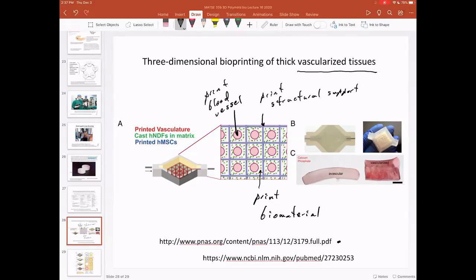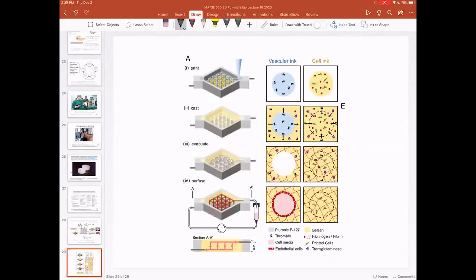But if you want to print an organ, or a tissue scaffold that's eventually going to degrade and become a real piece of tissue, you need to be able to print this vasculature. There's been a lot of good work on how to print artificial organs, and some of the ways in which to print materials that become the blood vessels.